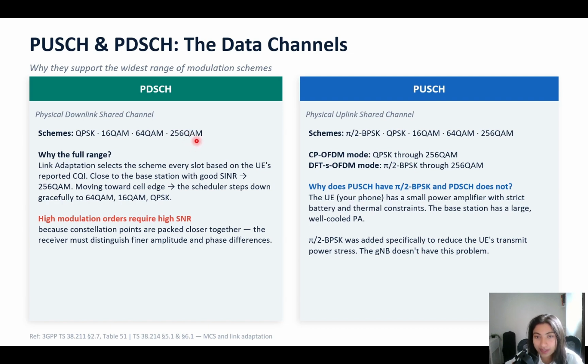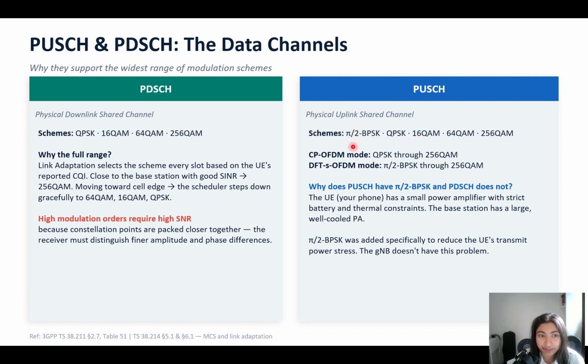But if you walk towards the cell edge, then the scheduler steps you down based on the CQI that is reported by the UE. You'll probably come down to 64 QAM or 16 QAM. This means the throughput will be lower. Thus, the base station is always keeping you at the highest modulation order with the signal quality that you can support. On PUSCH, the same logic applies.